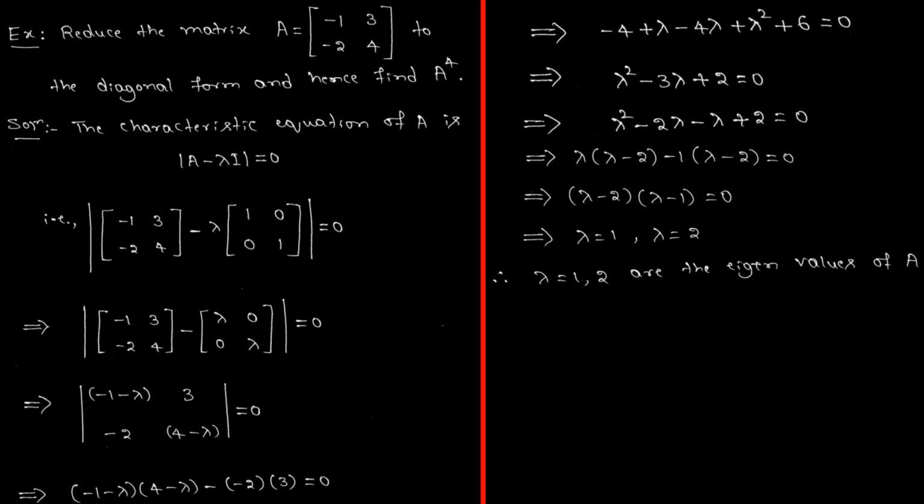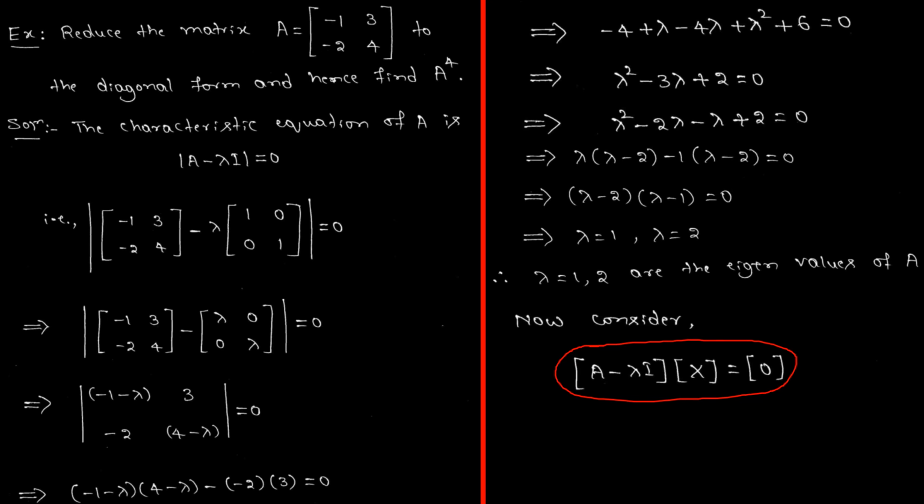This is the procedure by which we found the eigenvalues. Now we are going to find the eigenvectors with the help of eigenvalues. Let us see what is the procedure now to find the eigenvectors. Consider this equation. This you need to remember.